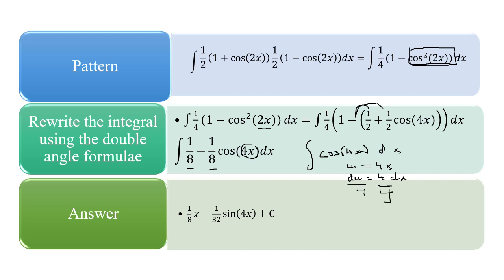And so when you rewrite in terms of u, that becomes cosine u, and the dx becomes du over 4.